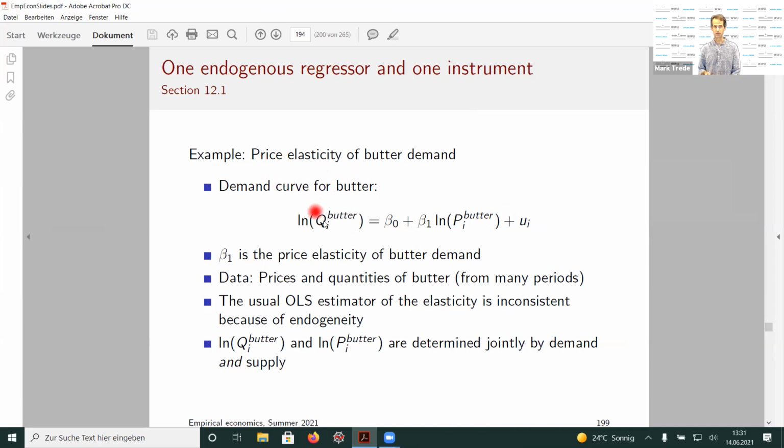Well, fortunately, we have seen that elasticities can be framed in the linear regression model in a very easy way by using logs on the left-hand side and the right-hand side.